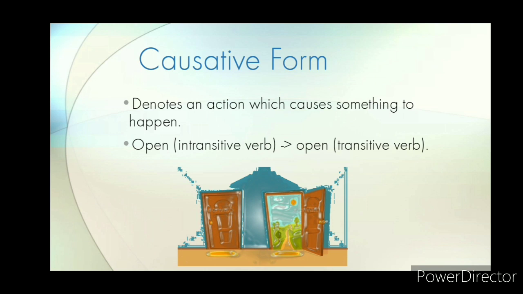Let's put it in a sentence. For example, the door is opened. It's stating a fact. But when you say, can you please open the door? It means you want someone to do something. It means you want someone to open the door. It is a form of causative in which one word has more than one function.